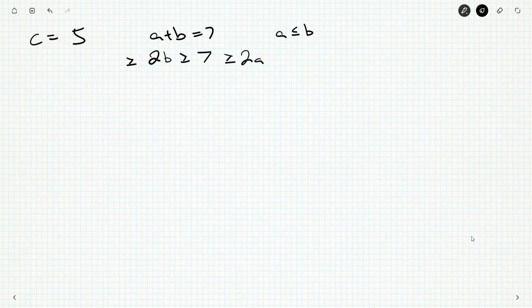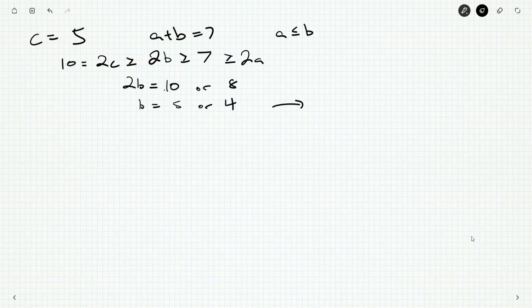But this is less than or equal to 2C, which is 10. So 2B has to be an integer less than or equal to 10 that is even. So 2B is either 10 or 8. And so B is then either 5 or 4.